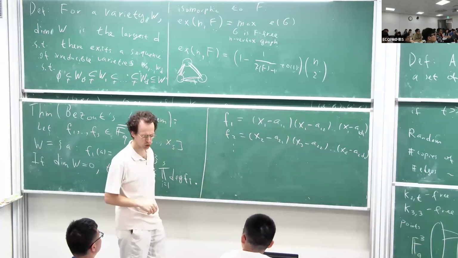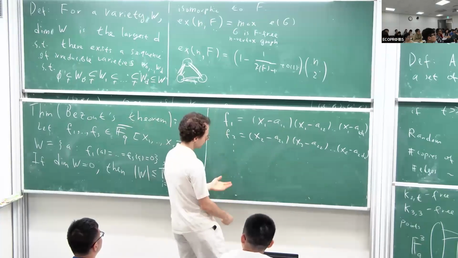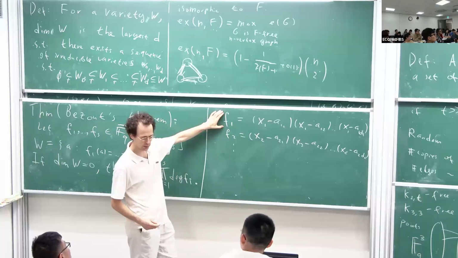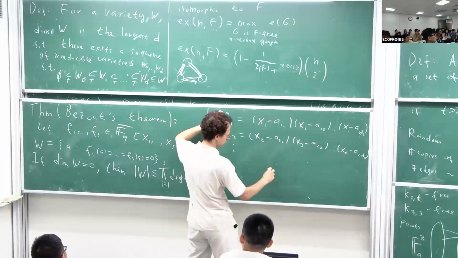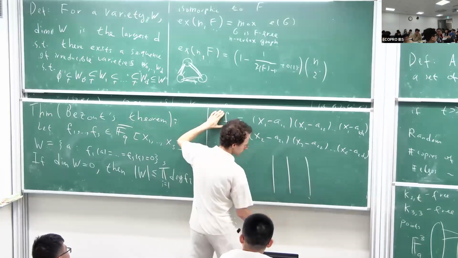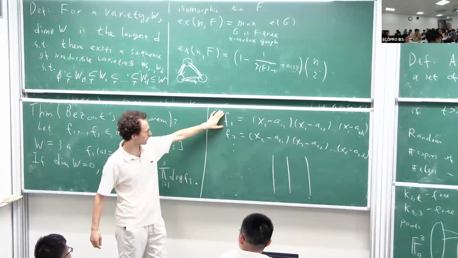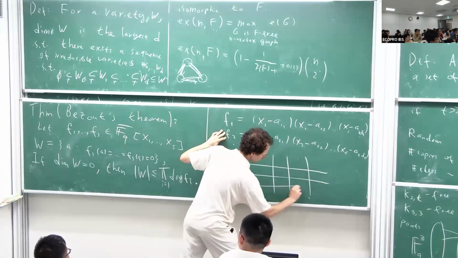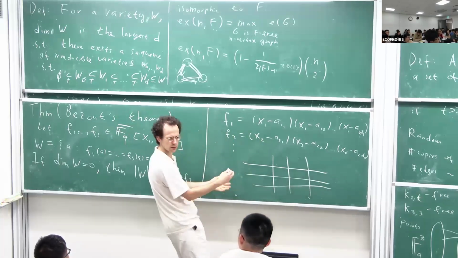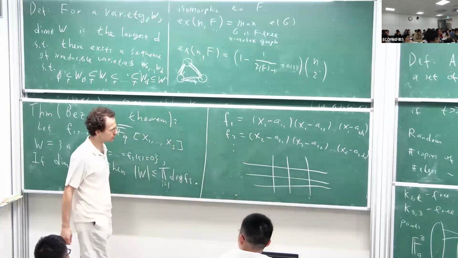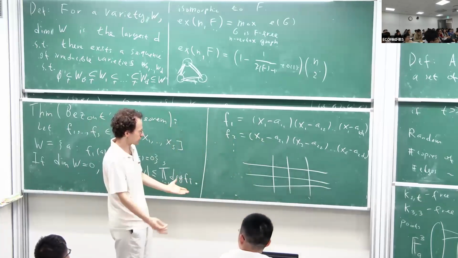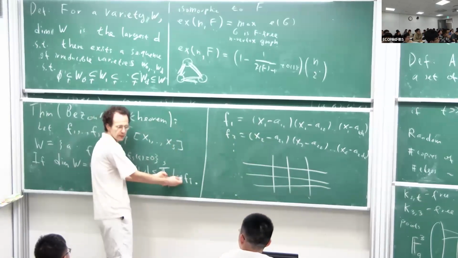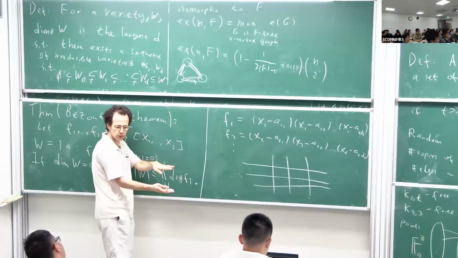I'll draw a picture in dimension 2. The zero set of F1 in dimension 2 is just a union of vertical lines. F2 is a union of horizontal lines. And how many? Exactly the degrees of those polynomials. So in this case, of course, it's clear that the number of intersection points will be exactly the product of the degrees.